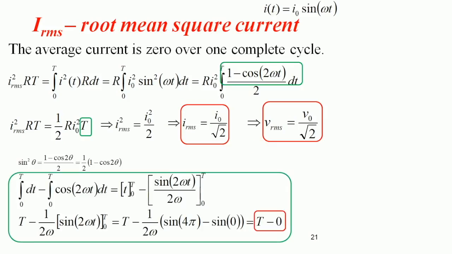So let us quickly go through the integration. So integration, the first part is 1 and second part is minus cos of 2 omega t.